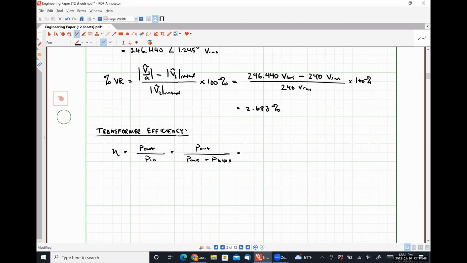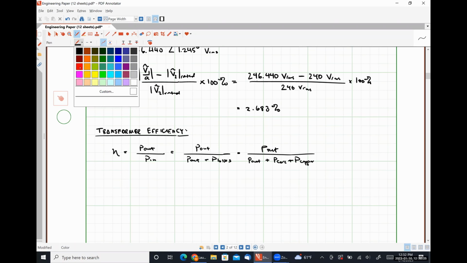What kind of losses do we have in a transformer? The losses are what the resistive part of our transformer equivalent circuit is taking into account. We're going to have some core losses and some copper losses due to our windings. So we can rewrite this as P out over P out plus P core plus P copper.